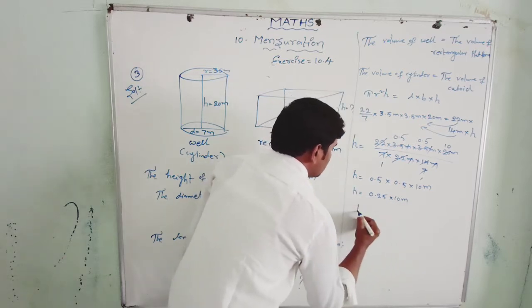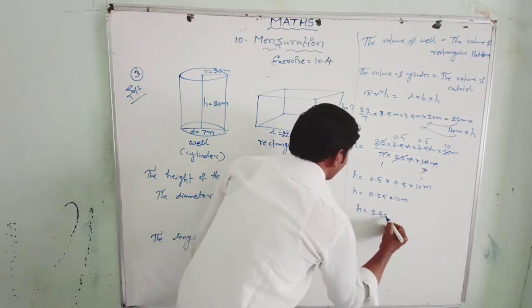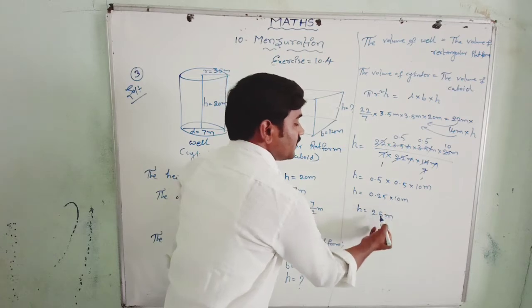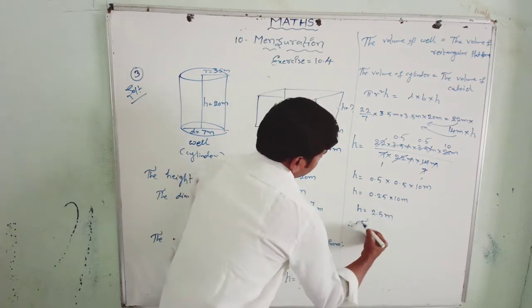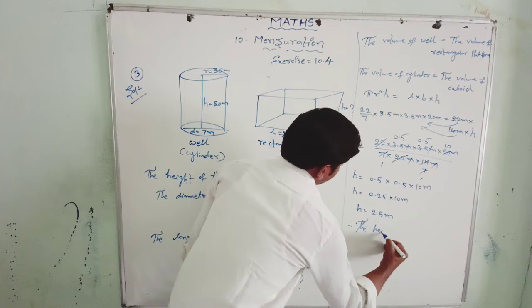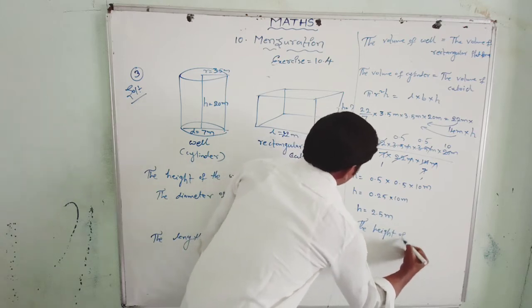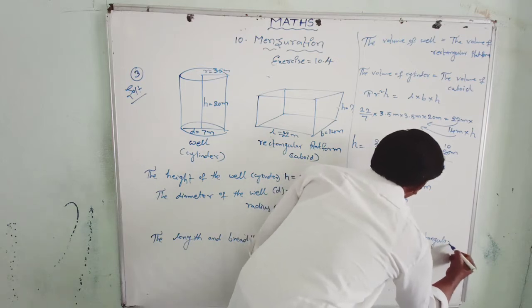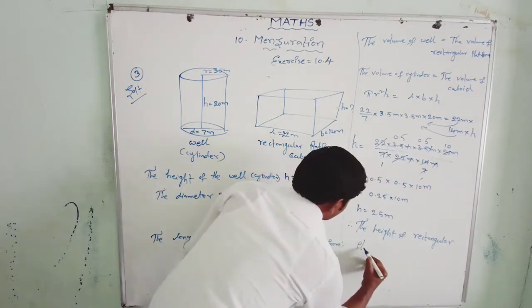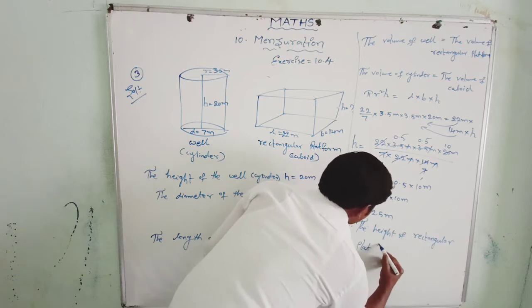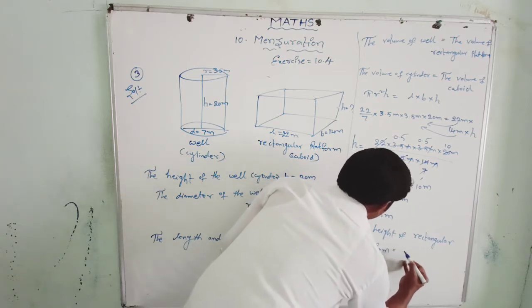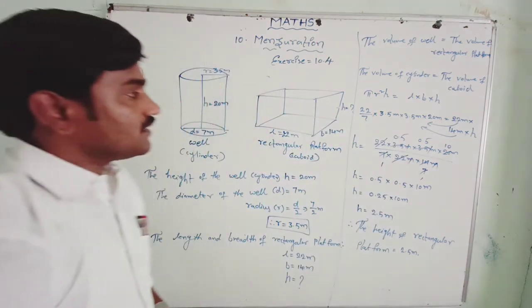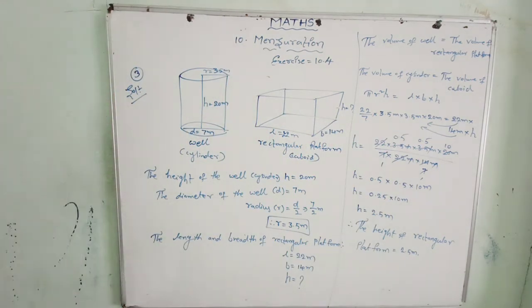H, the height, equal to 2.5 meters. 0.25 into 10, and the decimal digit comes here, that is 2.5 meters. Therefore, the height of the rectangular platform is equal to 2.5 meters. Very simple, right? See how simply we can do it.